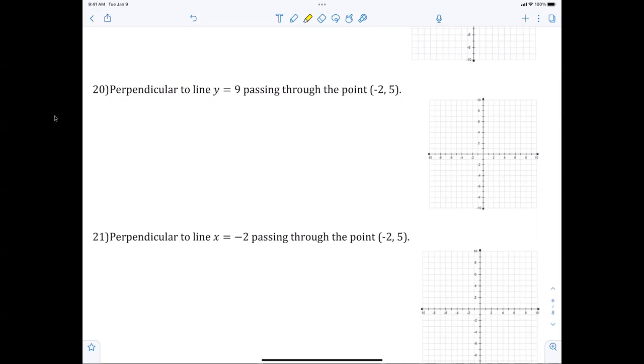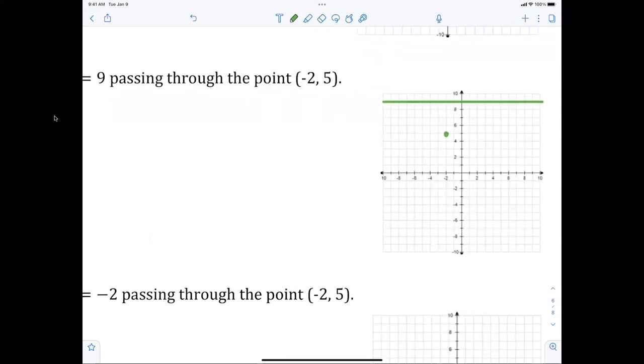All right, everybody draw y equals 9. Let's draw y equals 9. Come on, come on. This is embarrassing. Now plot the point negative 2, 5. Now draw the line perpendicular to the green line passing through that point.